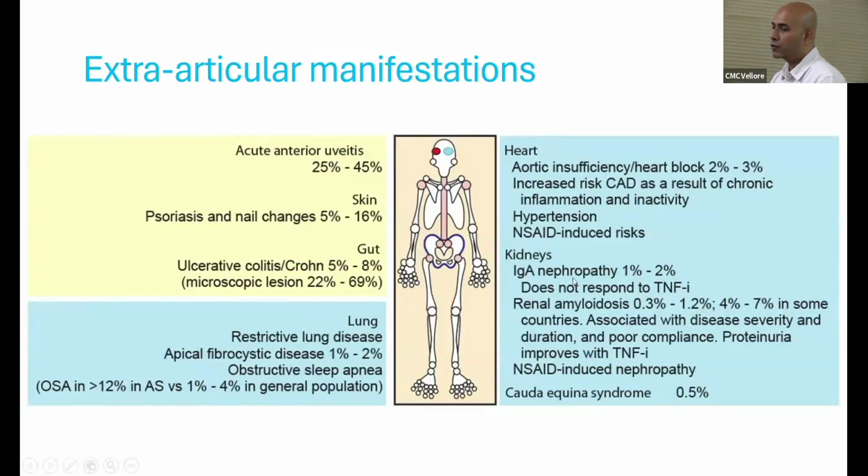And one thing, of course, kidneys, IgA nephropathy is quite common. It's not very uncommon, let's put it that way. You need to be careful there. Renal amyloidosis, rare. NSAID-induced nephropathy, yes, that's something to look into. And cauda equina is, again, something which is important. But beyond all these things, one of the major things which has been coming up of late is depression.